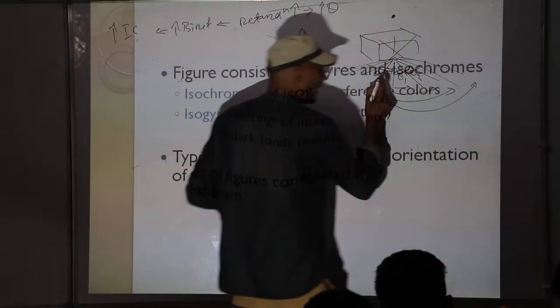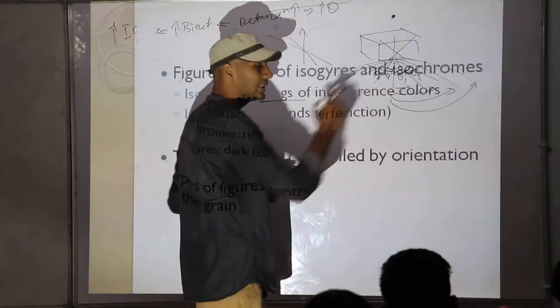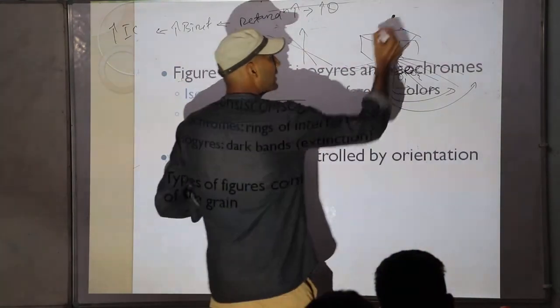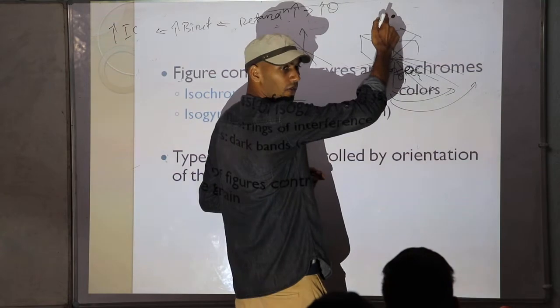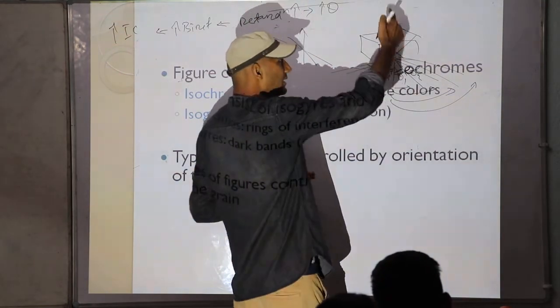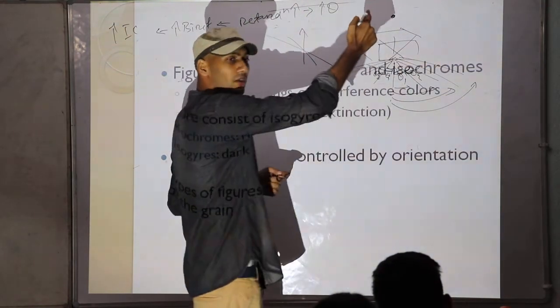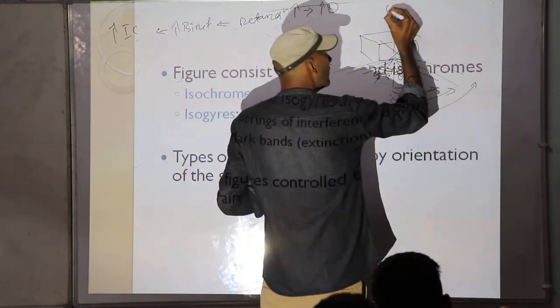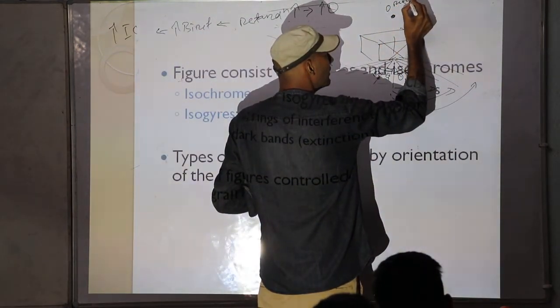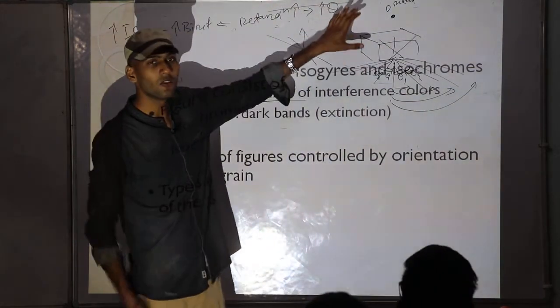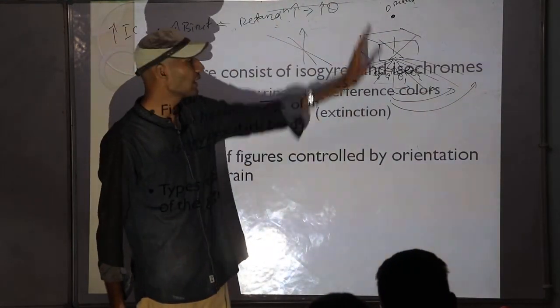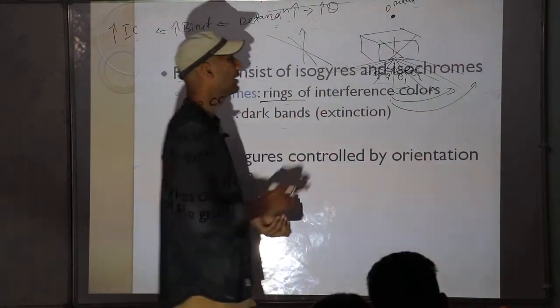So talking about the first angle, what I have told, theta 1. This center part is your zero retardation, which is passing through the optic axis. The light ray passing through the optic axis shows zero retardation. Why? Because in the optic axis direction there is no double refraction.